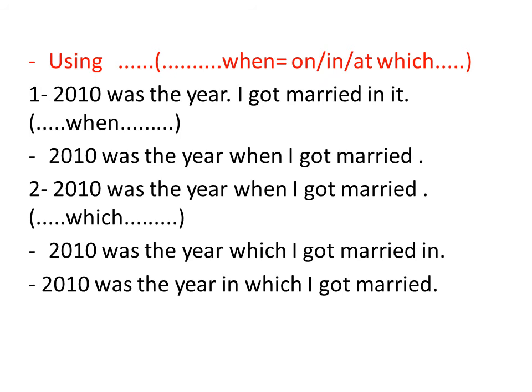So here, as we did before, in the second sentence, we have a repeated pronoun from the first one, which is it. We will omit this pronoun and we will put when after the word year in the first sentence. So the answer will be 2010 was the year when I got married.